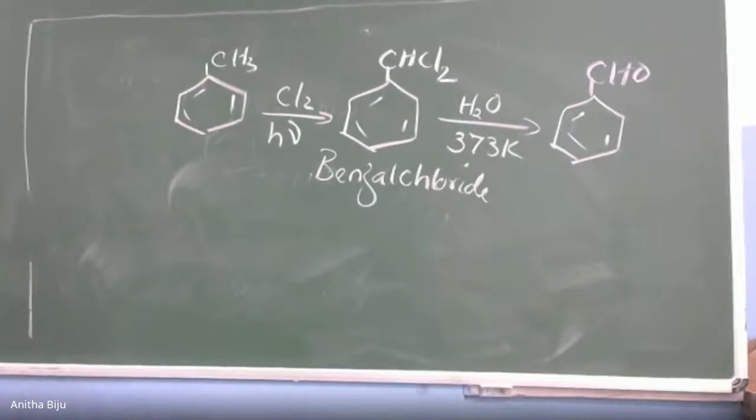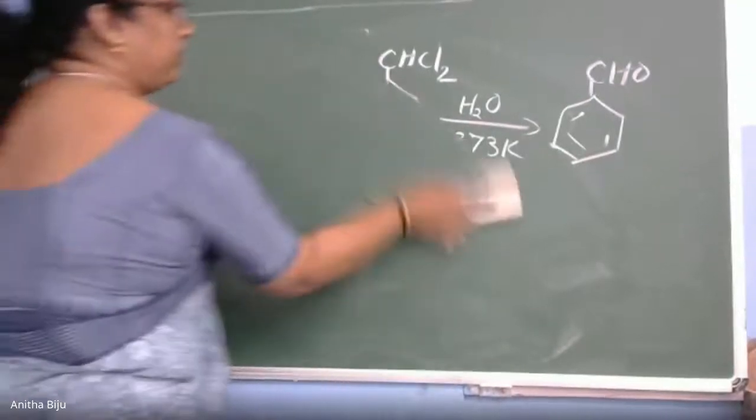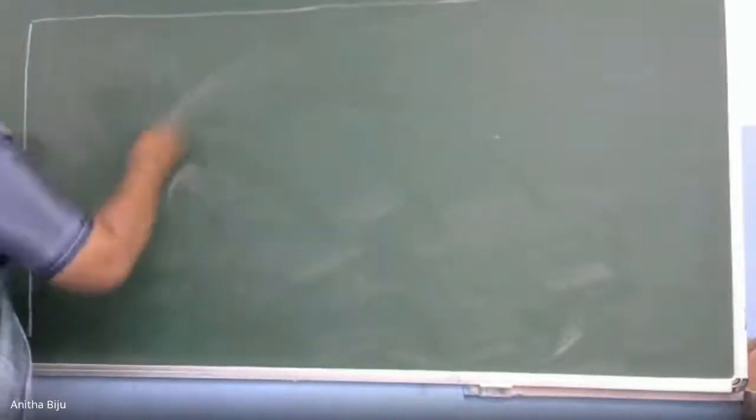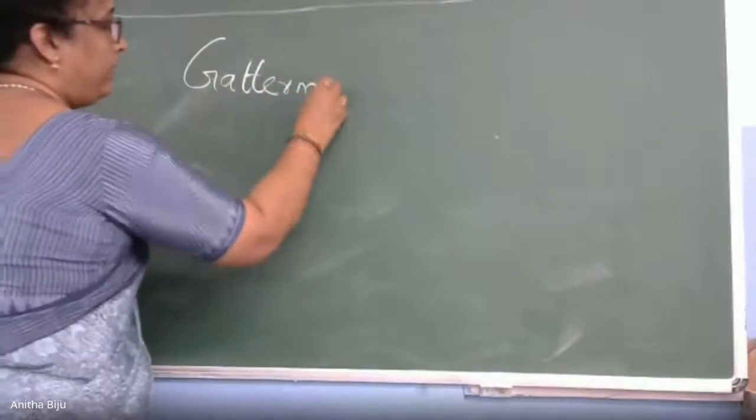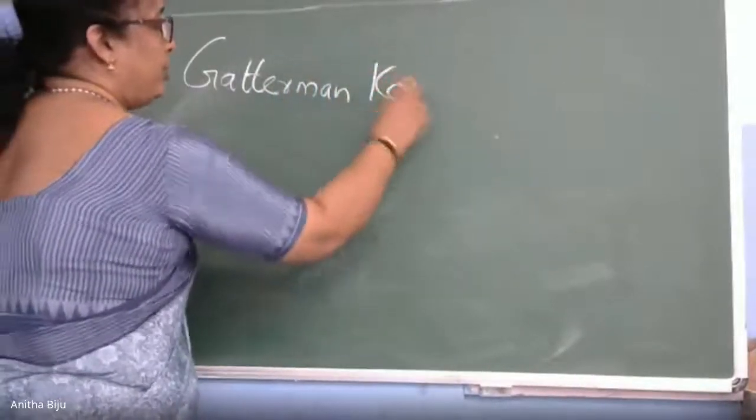And the last reaction. It is also a method of preparation of benzaldehyde. But why are we discussing this in the class? Because it is also a name reaction. So you can write the reaction: Gattermann-Koch reaction.